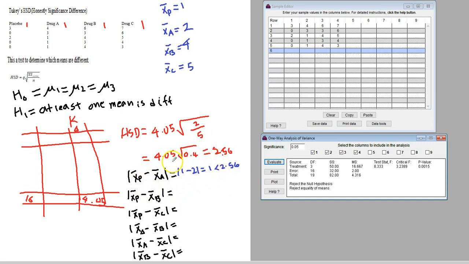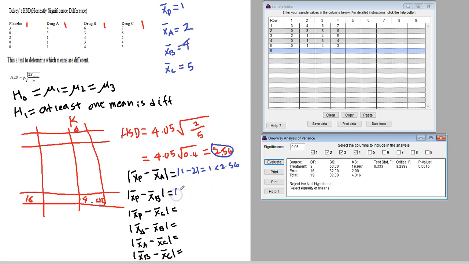So what Tukey's HSD is saying is that whatever HSD you found, you then compare this value after you find the difference between the two items head to head. If that's greater than the HSD of 2.56, then there's a significant difference between these two elements. If it's less than 2.56, then there's no significant difference.